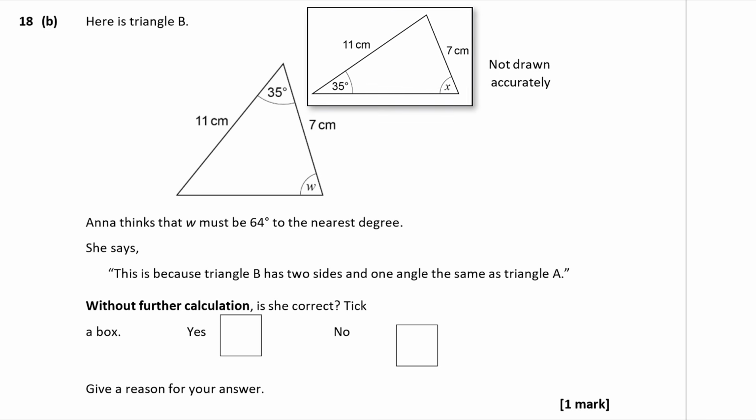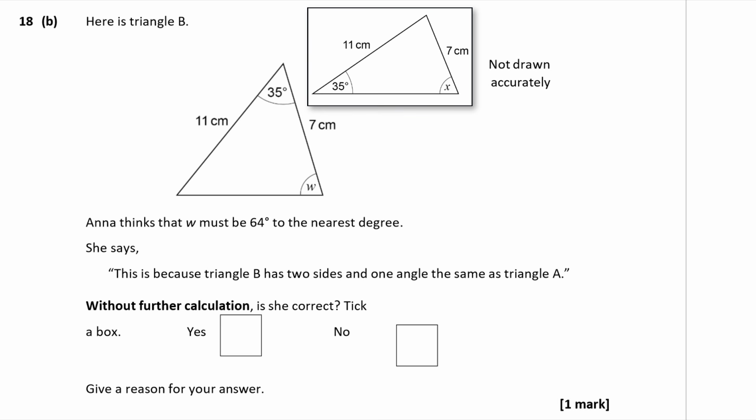Well, she's assuming they're 2 congruent triangles, isn't she? So if you have a look at this one, I've got my 7 nestled between the W and the 35 there. Whereas in my other one, I've not got my 7 between the unknown angle and the 35. It's a different side, isn't it?